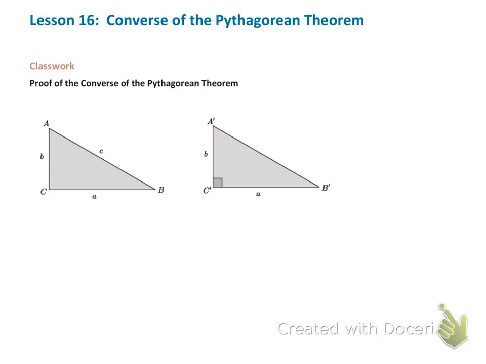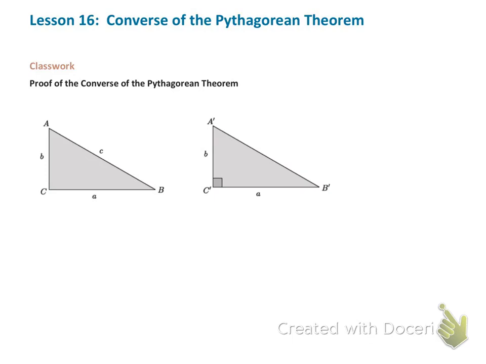Okay, so I'm just going to talk through this. If you look at these two triangles here, they're labeled, they're the same. They look fairly much the same. But notice in this first triangle, we don't have this labeled as a right angle.